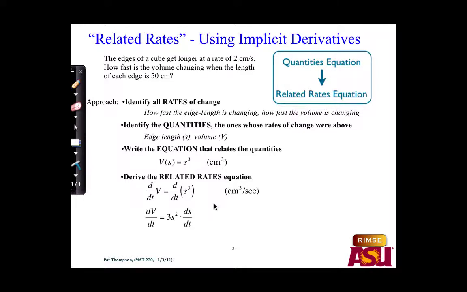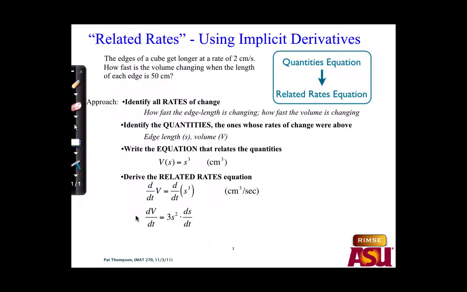It's a constant rate of change, but you don't actually have to write it out to do this problem. The rate of change of the volume with respect to time is 3s squared times ds/dt. So the side length is s. ds/dt is the rate of change of the side length. So here's the end of the calculus part of this question.